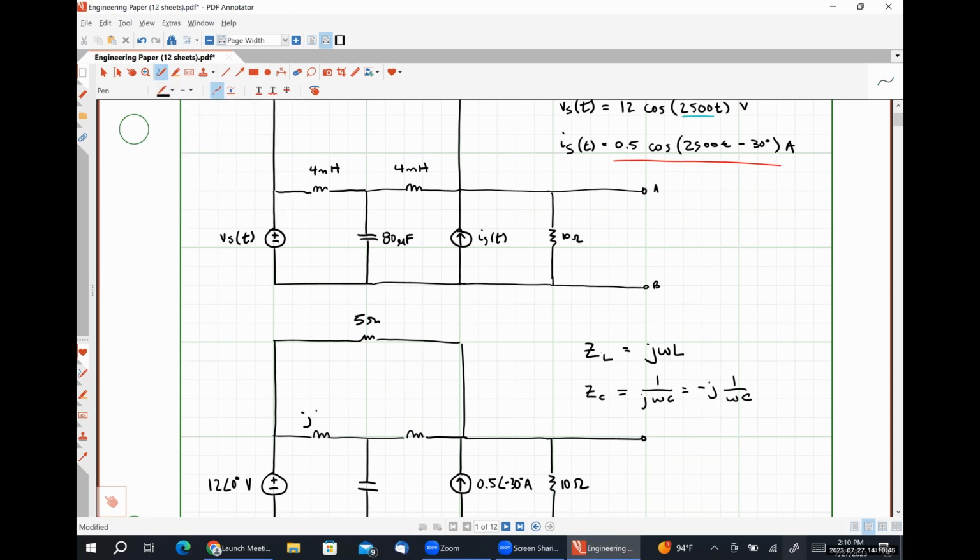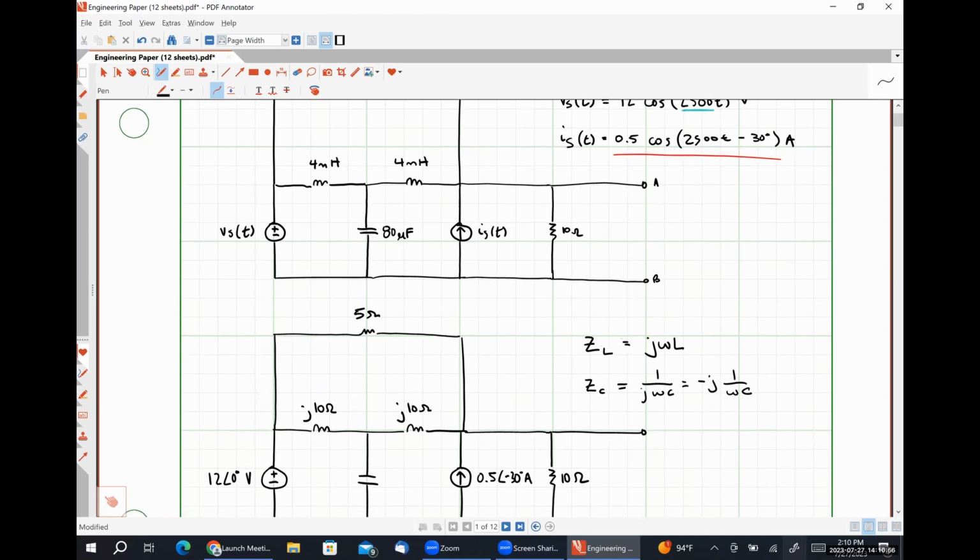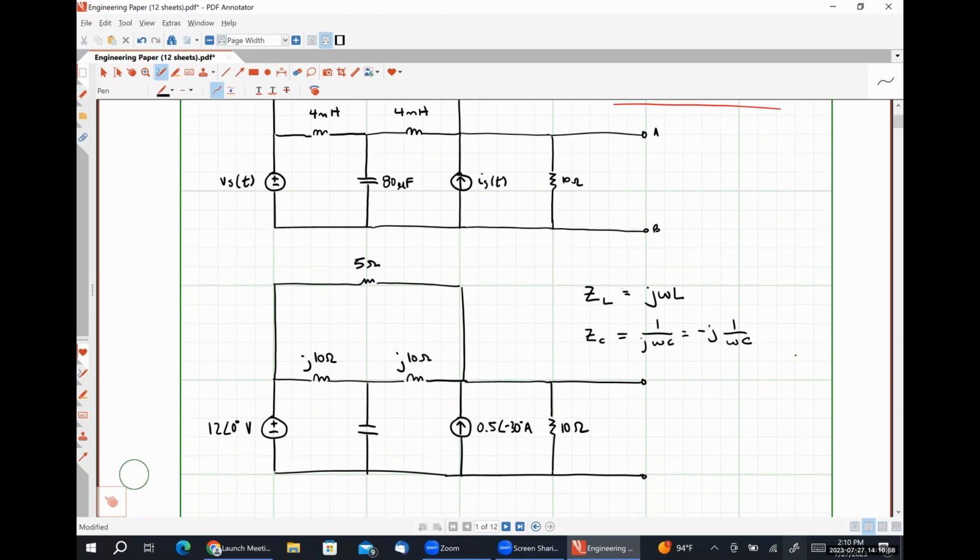So both of these inductors are going to look like j10 ohm impedances using this equation where omega is equal to 2500. So what's going to happen with the capacitor? One of you guys throw that into your calculator and tell me what shakes out.